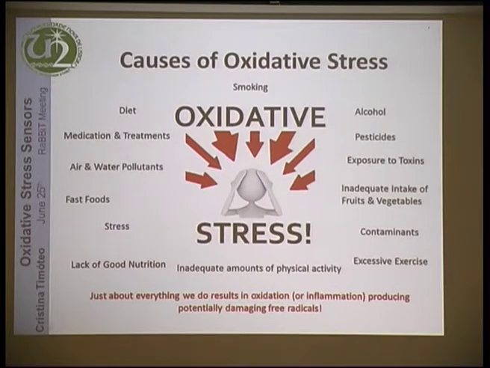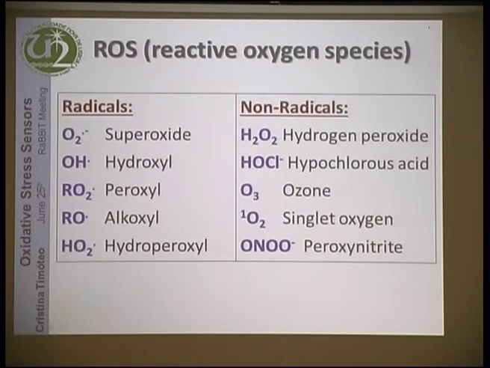Just about everything we do results in oxidation and production of potentially damaging free radicals, or not only free radicals, but reactive oxygen species. Reactive oxygen species may be radicals or non-radicals, as you know, and the one I will be most interested in is hydrogen peroxide.